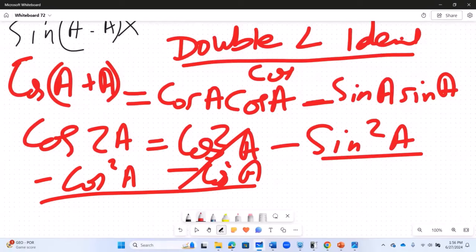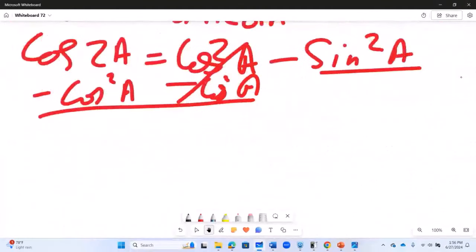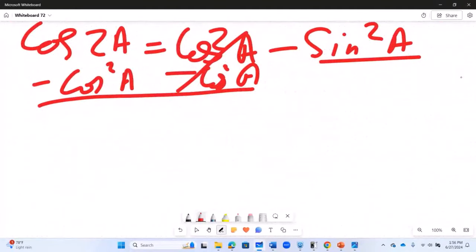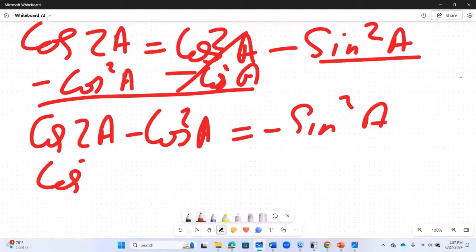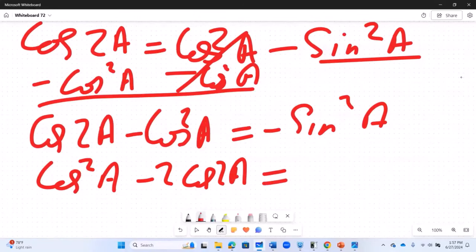This goes, and I now have, on the left hand side, cos 2A minus cosine squared A is equal to negative sine squared A. And if I change sign on both sides, I actually have cosine squared A minus cos 2A is equal to sine squared A.